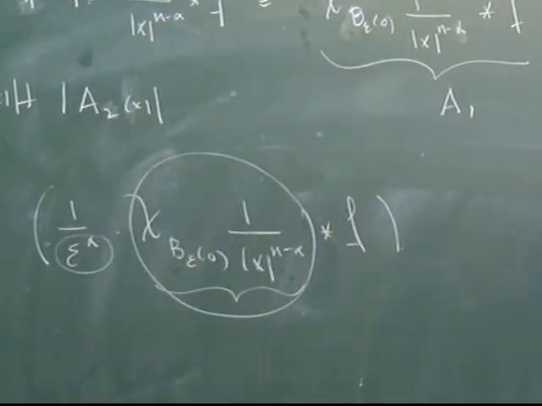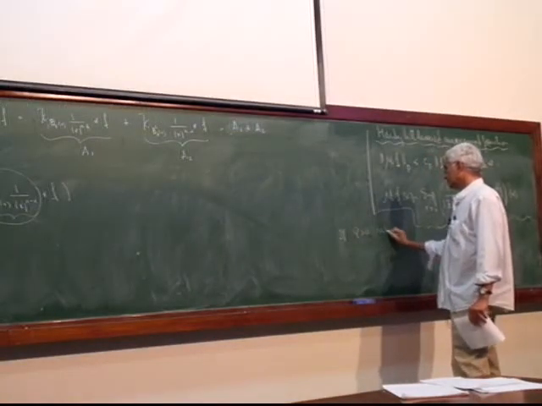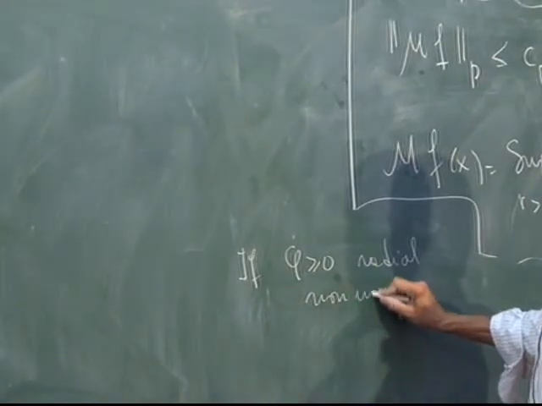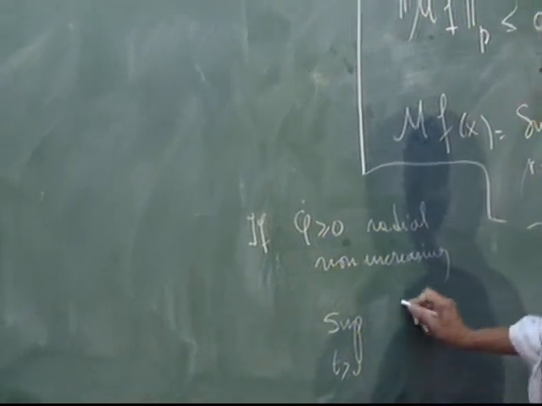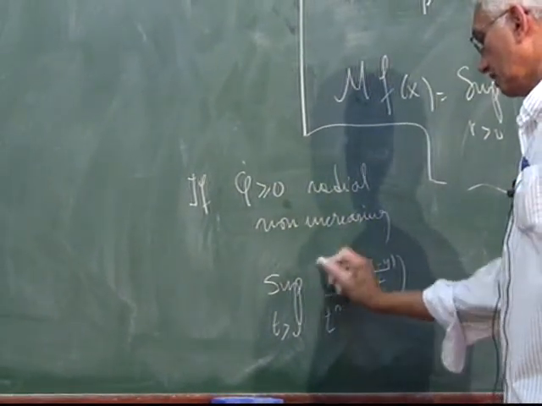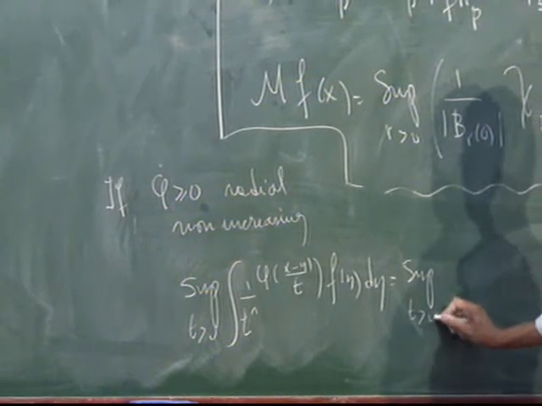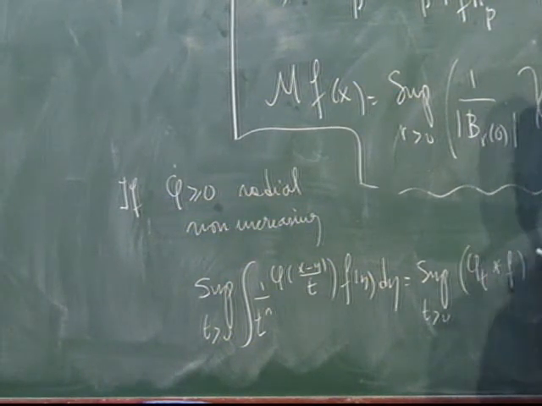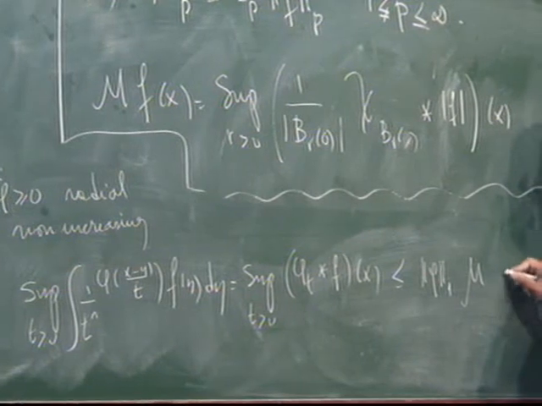Okay? Then what I'm using is the following. If phi is positive, radial, non-increasing, then the supremum in t positive of the integral of phi of (x minus y)/t, 1 over t to the n, convolution with f of y dy, is bounded in L1 by the maximal function of f.